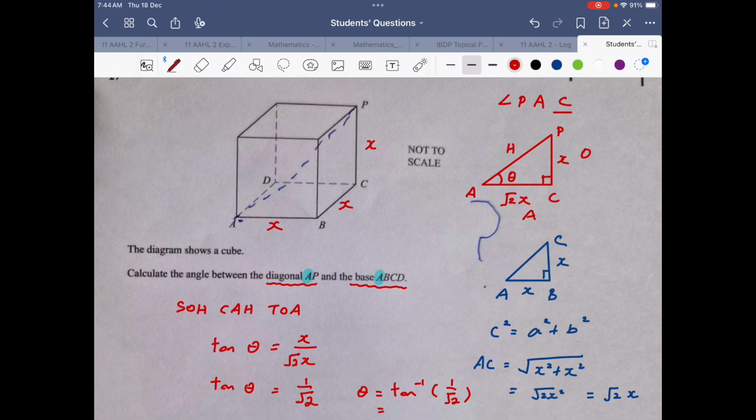From the calculator, you get 35.2644. You round it off to 3 significant figures, 35, oh no, for angle it is 1 decimal place. So 35.3 degrees. Yep, that's the answer.